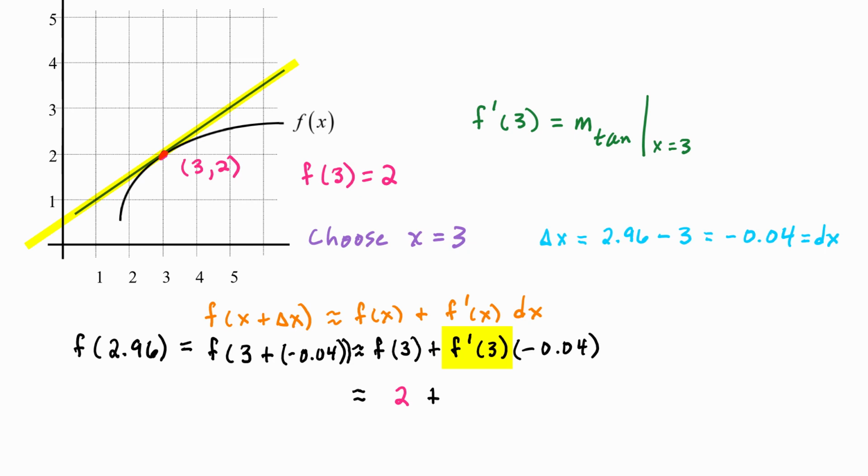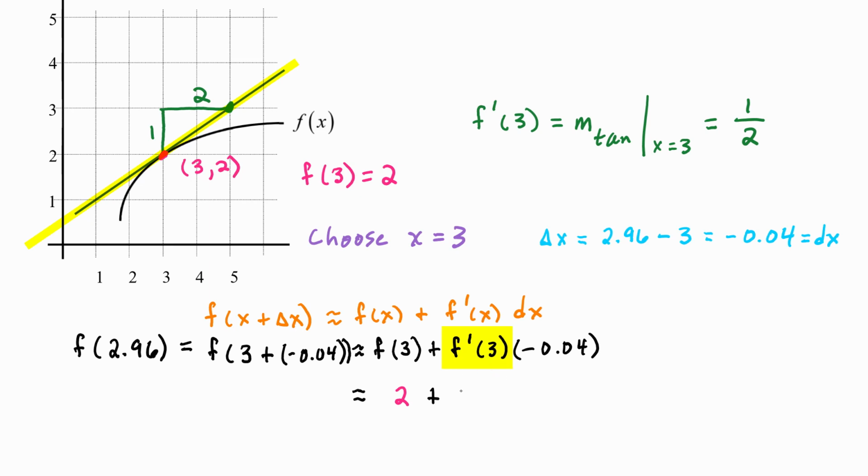So now all we need to do is figure out the slope of this line. We see that (3, 2) is a point on the line, and we see right here is another point on the line. We can calculate the slope because we go up 1 and to the right by 2. The slope is delta y over delta x, so the change in y is 1, the change in x is 2, so the slope is 1/2.